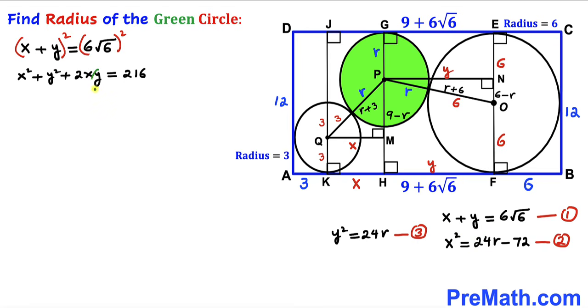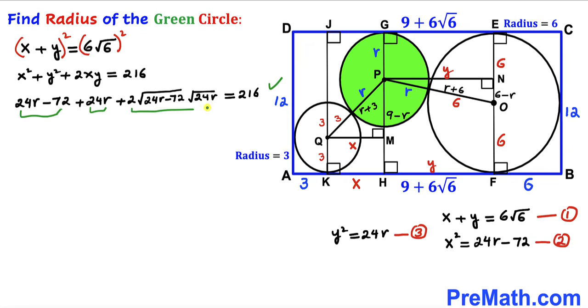And likewise for this y, I'm going to take the square root on this equation 3. So therefore y is going to be equal to square root of 24r. So therefore I'm going to substitute this y with square root of 24 times r. As you can see in this next step, I have substituted all those values.